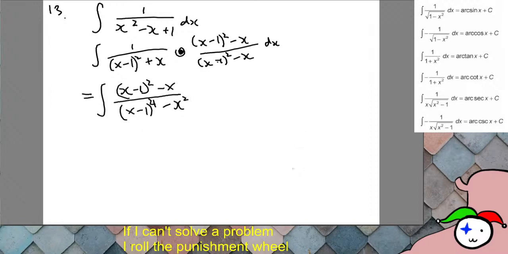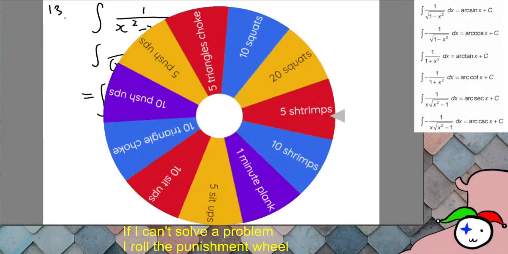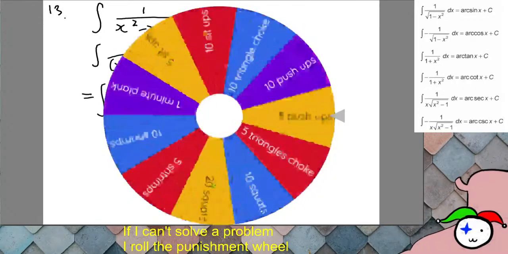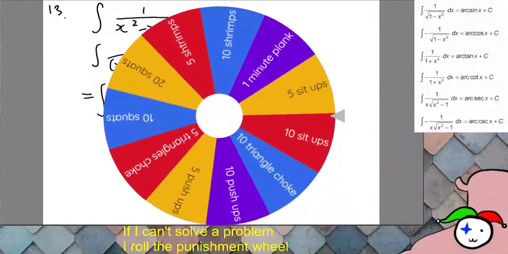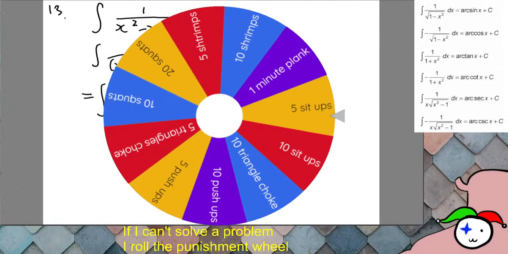Wait, yeah, that doesn't help at all. Ha! Okay, more exercise. Come on, bring it. I'm stupid. I did it the wrong way.